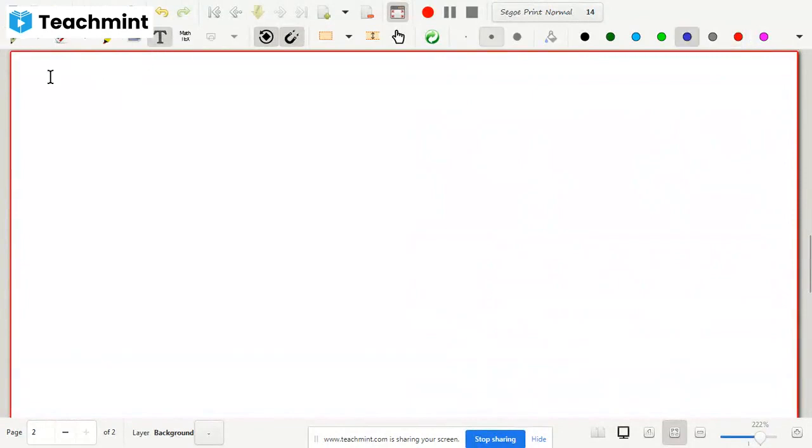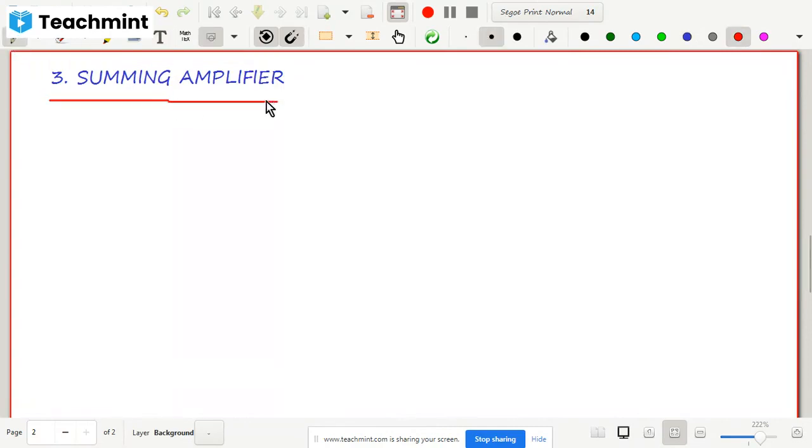This is the third application, the summing amplifier. That means we are going to use this operational amplifier as a summer to add some voltages.